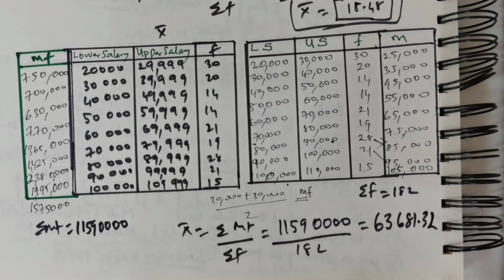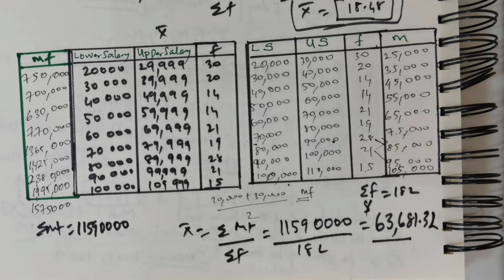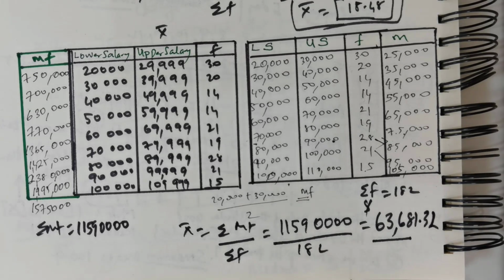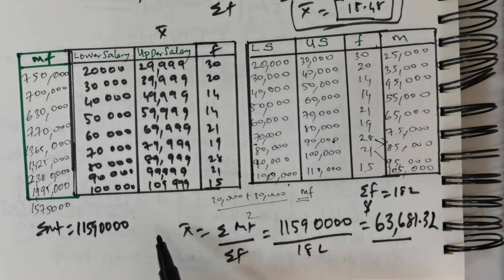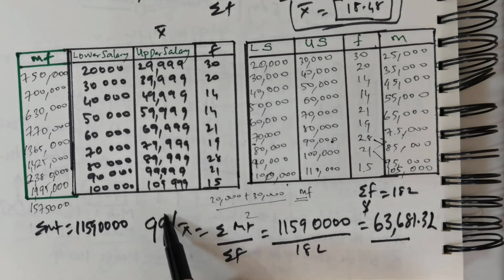So this is my average. That would mean on an average this is the salary that most employees in the organization are receiving. Now you know what is the astounding fact? The astounding fact in this particular technique is the accuracy level that we get is around 99%.